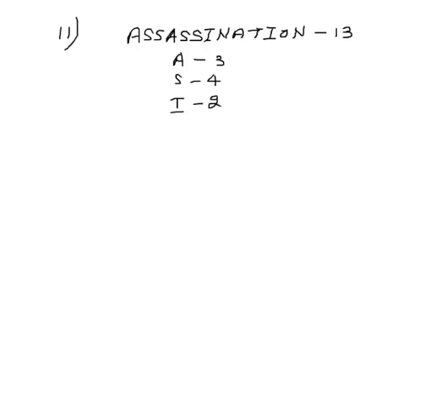Question number 11. In how many ways can the letters of the word assassination be arranged so that all the S are together? Thirteen alphabets are there, and out of these 13, we have 3 A's, 4 S, 2 I's, and 2 N's.